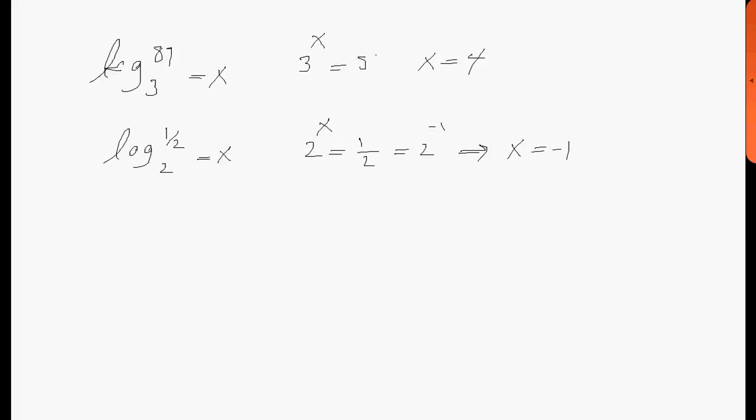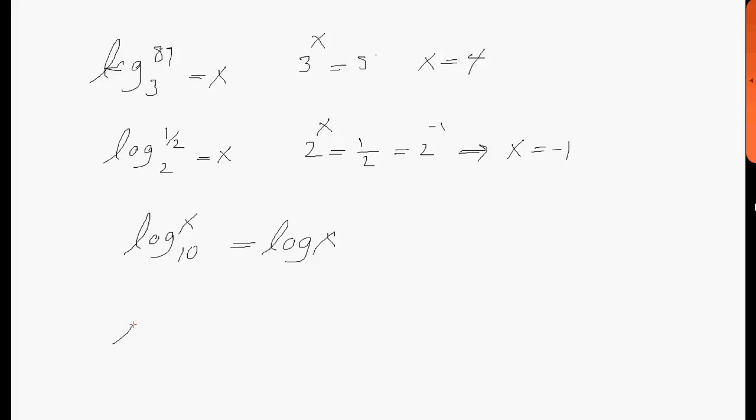There are two bases that are more important than the other ones. One is base 10, so logarithm of x base 10, which is called the common base. Base 10 is usually omitted because it is implied. So if I just say log x without putting the base there, I mean base 10. The other base that is important is e.